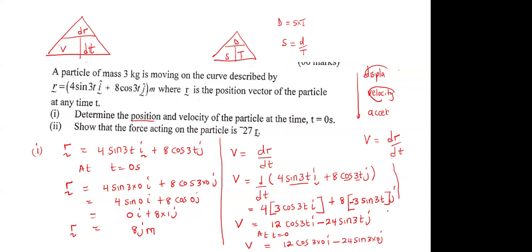So this one will vanish, and members, I'll remain with my answer as 12i, and these are going to be meters per second. So your answer will be 12i meters per second, and that is your velocity. Hope we are on the same page. Okay. Yeah, that is correct, members. So that is how you obtain your velocity.